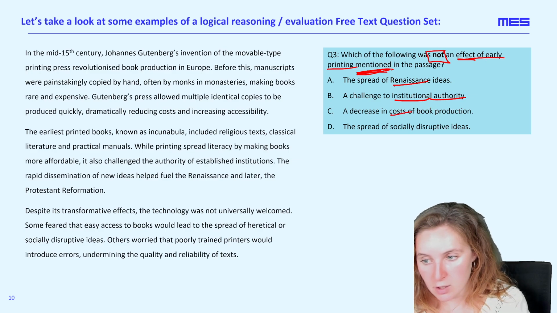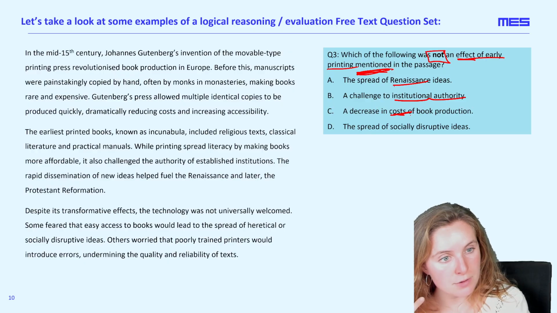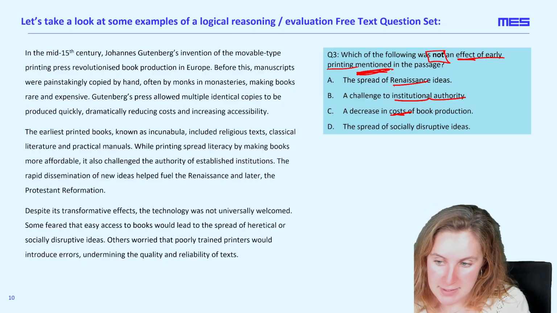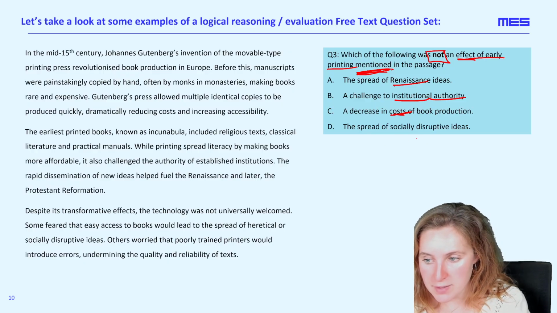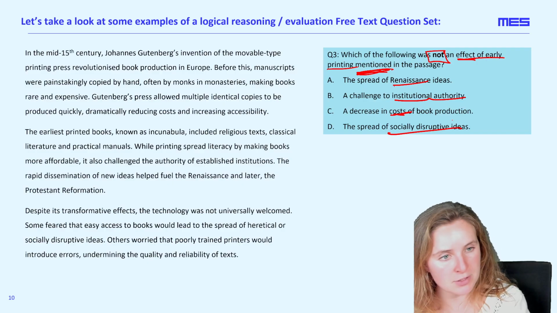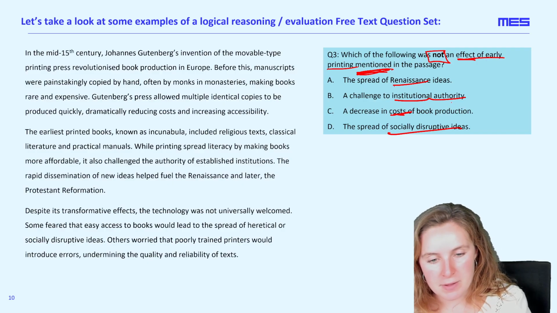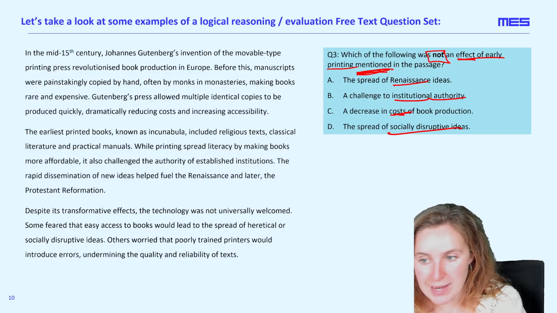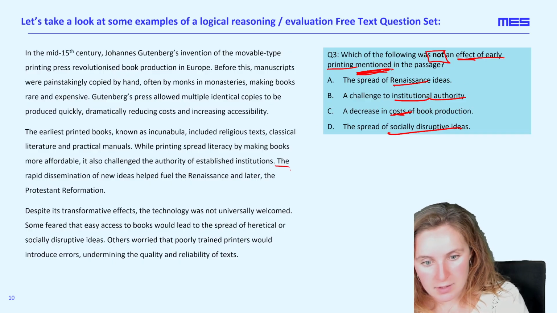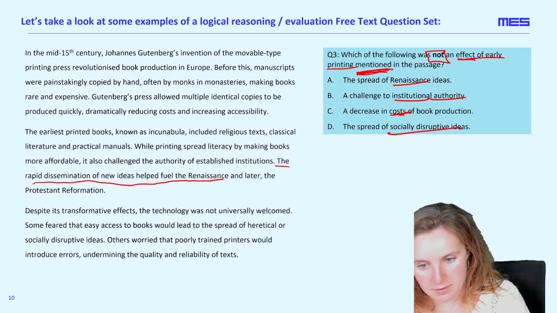I know we've seen costs before, now that we've scanned through the passage several times. And then the spread of socially disruptive ideas. I definitely remember that phrase from the fears at the bottom. So let's take a look back at this. So the spread of Renaissance ideas. The rapid dissemination of new ideas helped fuel the Renaissance.